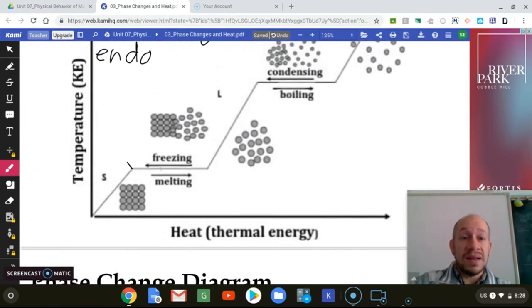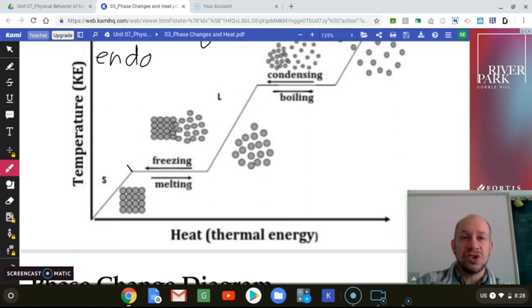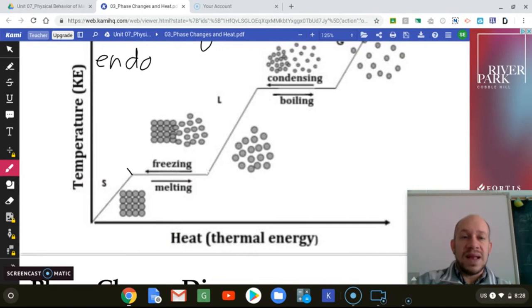On my straight line here, I have an equilibrium between a solid and a liquid. My solid is coming apart and becoming liquid, so I have a mix of both. This is my freezing point if I'm coming down, and my melting point as I go up. At this point, when I have a phase change, there is no temperature change. Then, once all my solid is melted, I'm completely in my liquid phase.